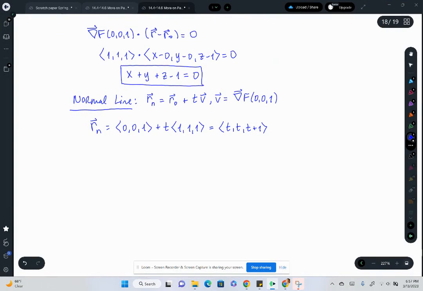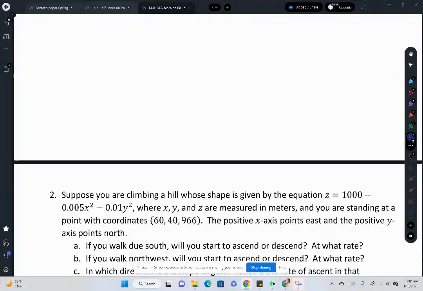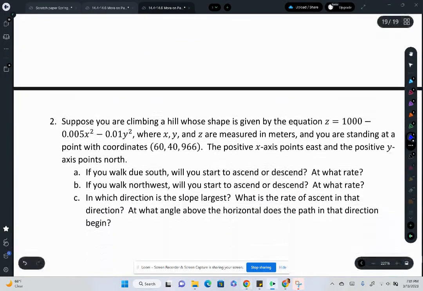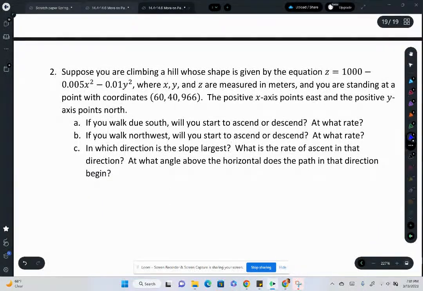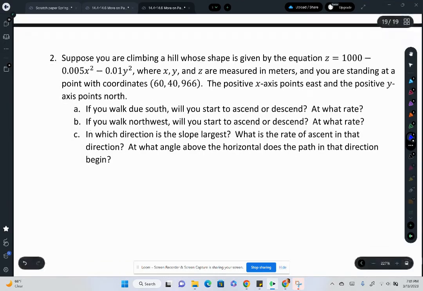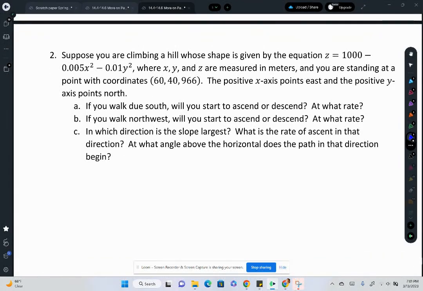We should look at an application as well. For our application, we've got this problem where we're told, suppose you are climbing a hill whose shape is given by the equation z equals 1000 minus 0.005x squared minus 0.01y squared.